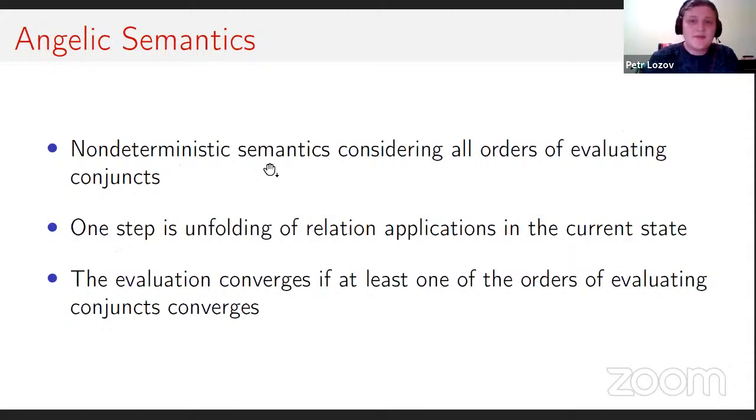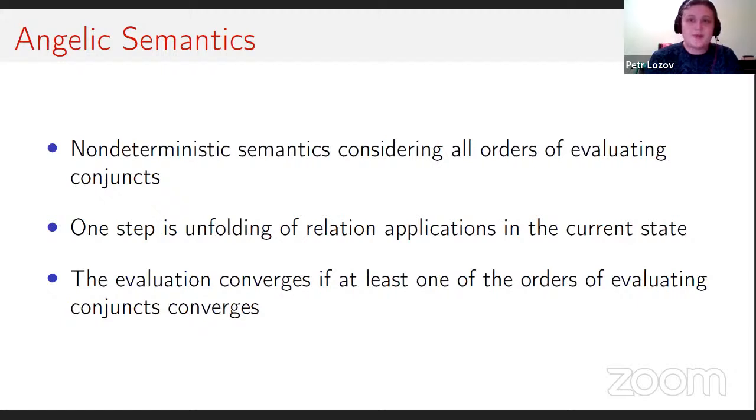For this, we have developed angelic semantics of miniKanren. This semantics considers all orders of conjunct evaluation in a non-deterministic way. This semantics has a larger step than the classical semantics of miniKanren.